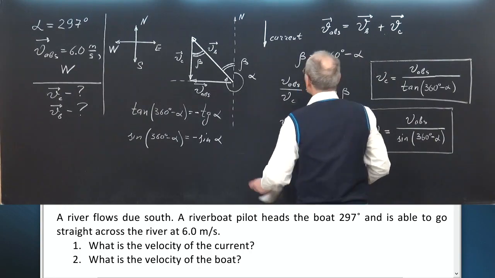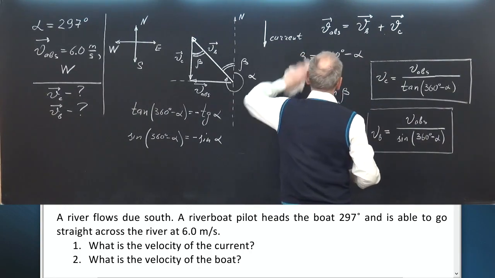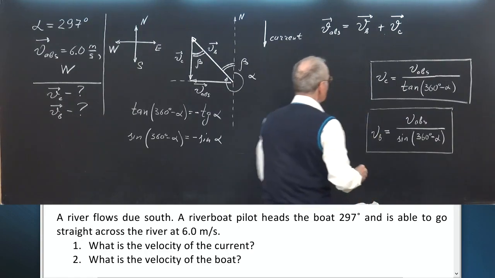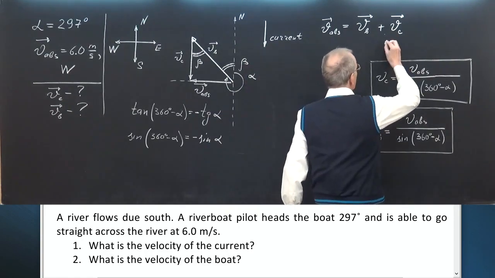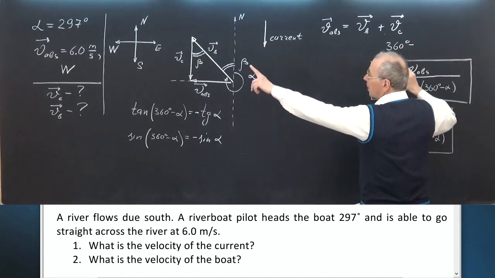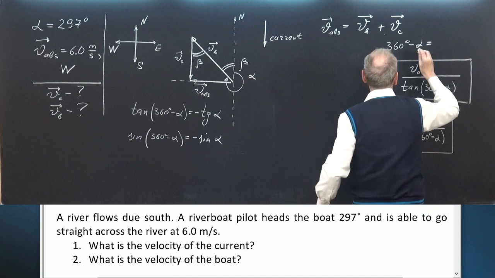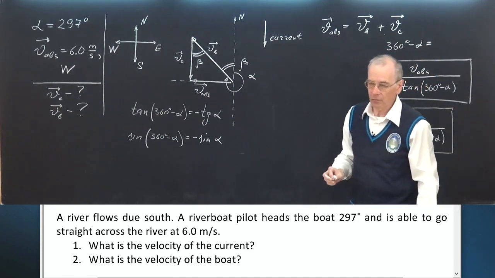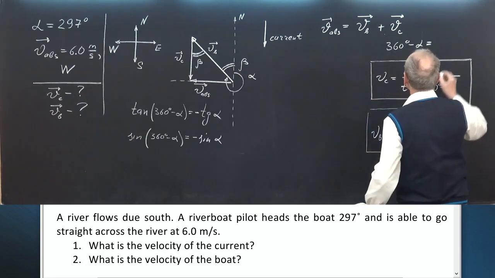And let us calculate numbers. 360 degrees minus alpha gives 63 degrees.